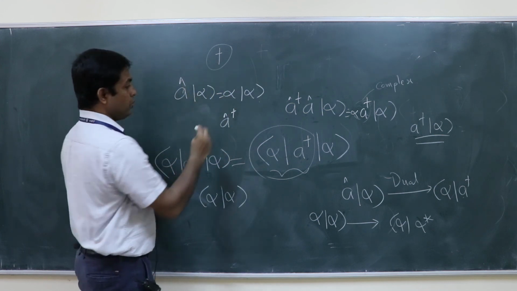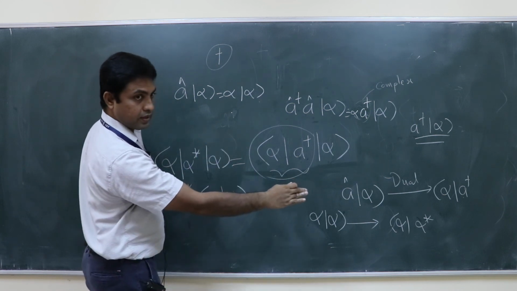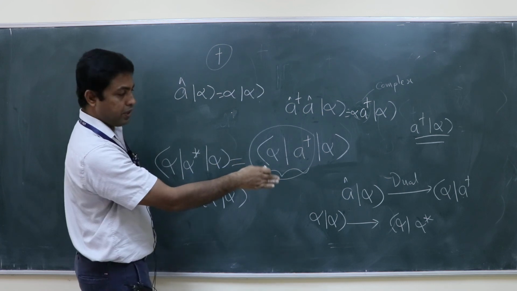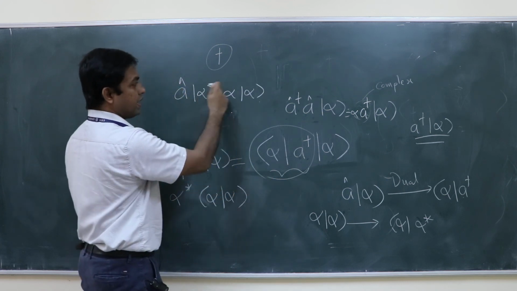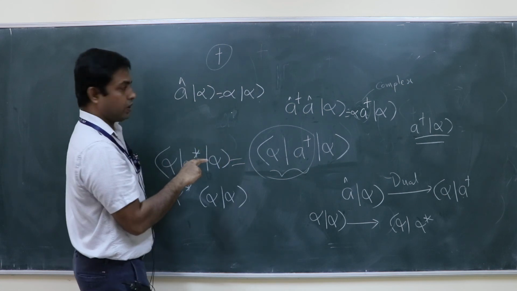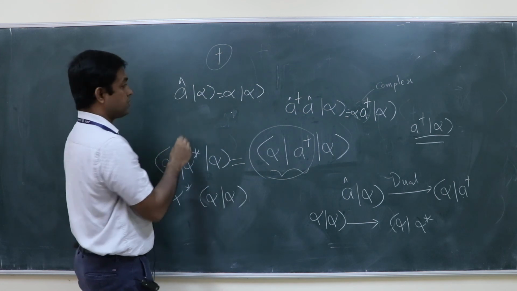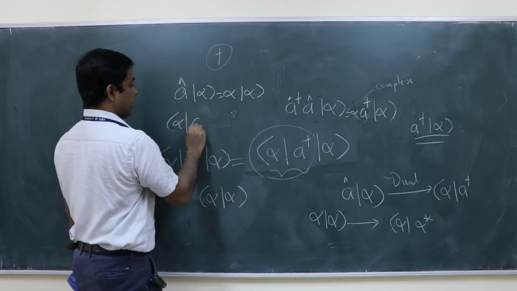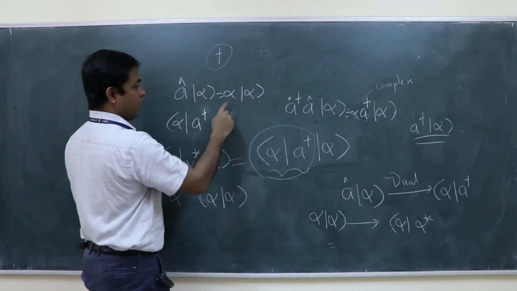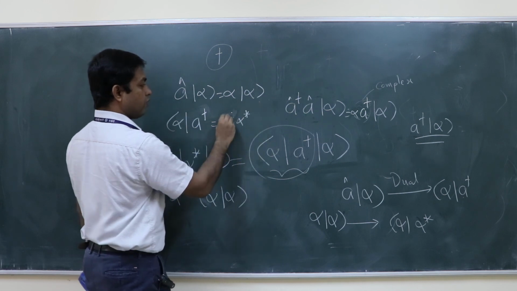See, you understood how the result is got. So now your question is about what I have been doing. Basically, dagger acting on this means you are going to the bra space. So A acting on ket alpha in the bra space is bra alpha A dagger, and alpha in the bra space is alpha star, ket alpha is bra alpha.